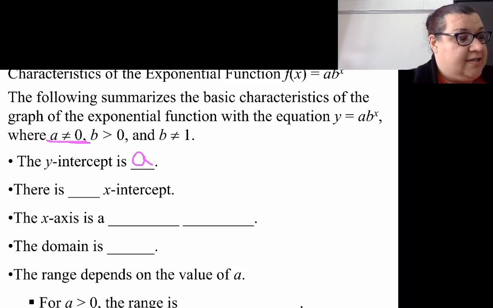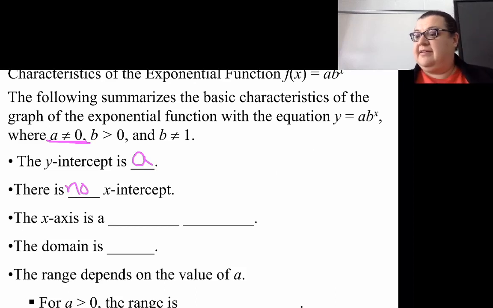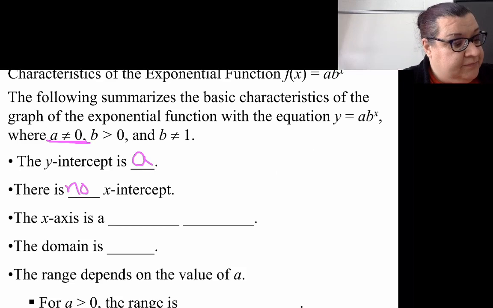There are no x-intercepts. The x-axis is the asymptote, or the horizontal asymptote specifically.